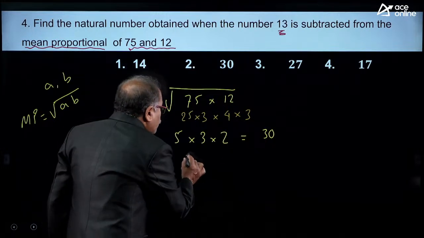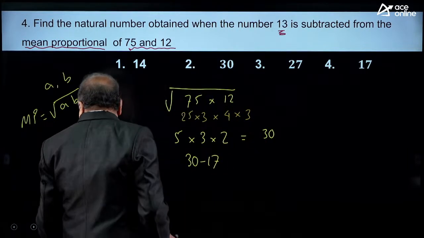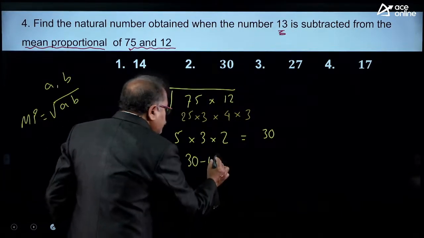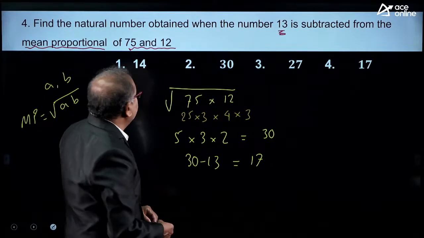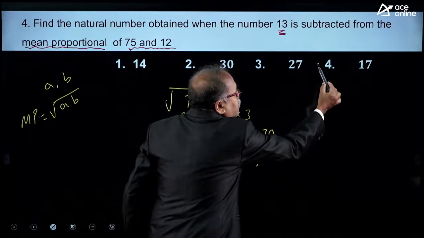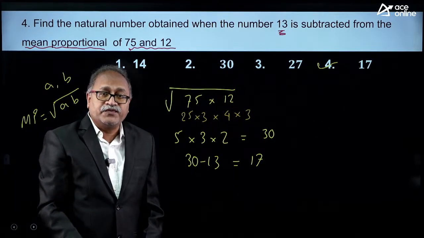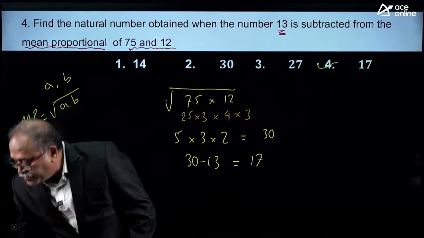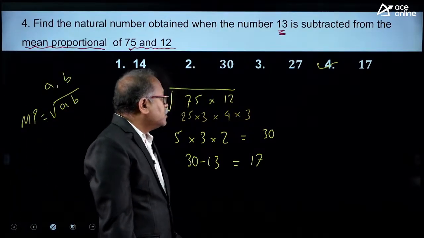I am sure you know, it's a very simple one, 30 minus 13 comes 17. So it's a very relaxing question. I notice that option 4, 17, is there. Right, my friends? So I will move on to the next question, and that question is this one.